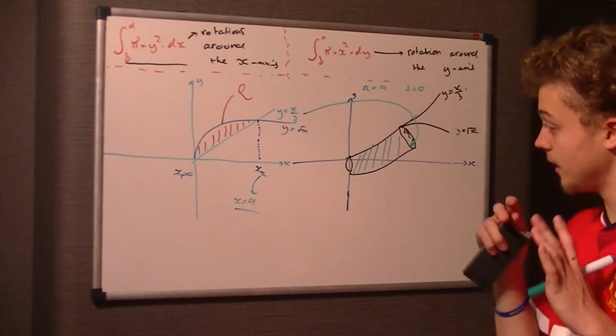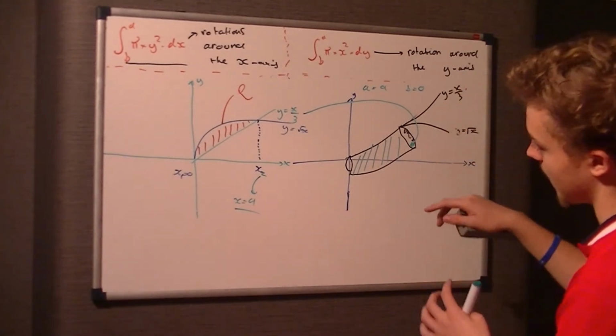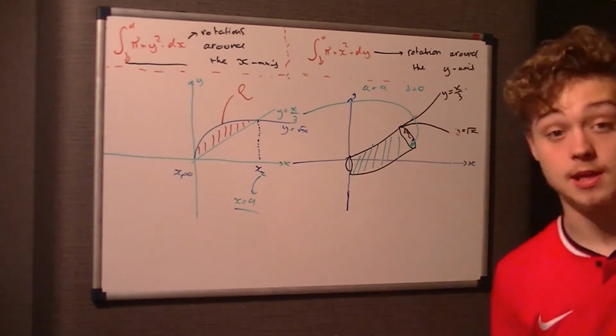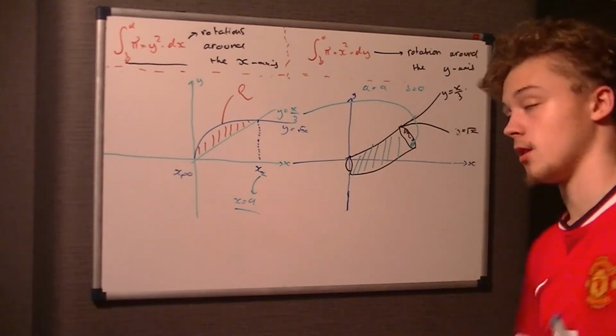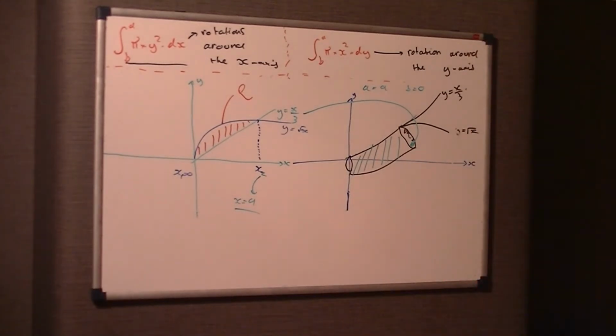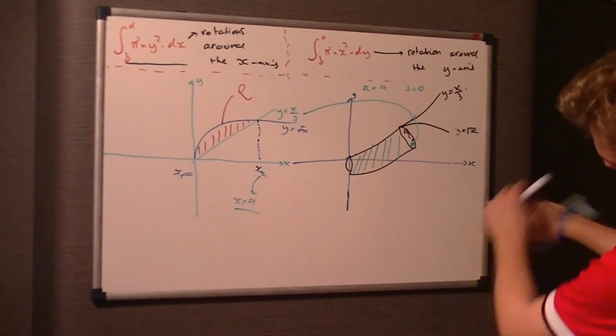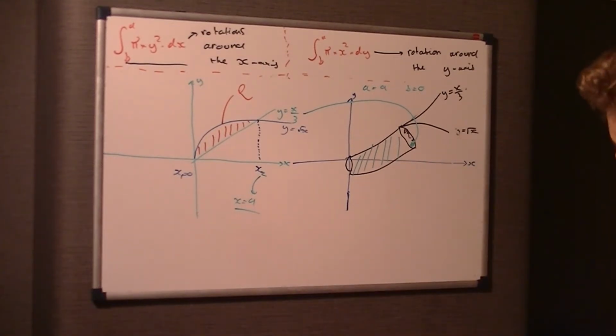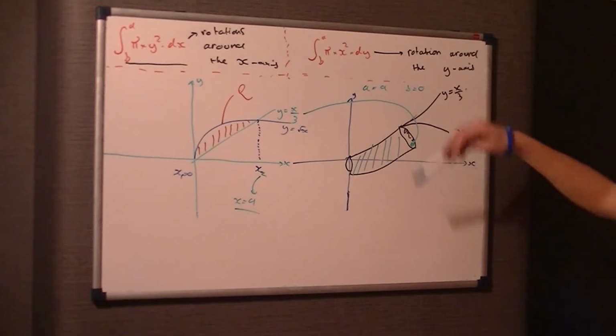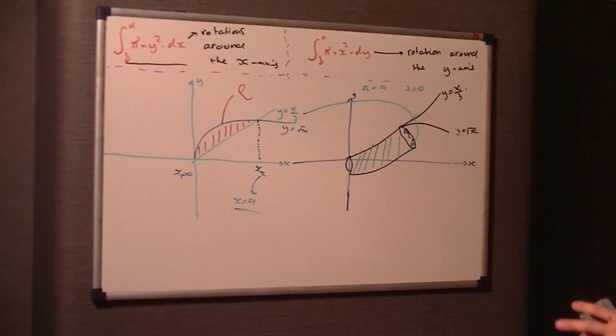So the integral of y equals root x plus the integral of y equals x over 3 makes up this whole cylinder and fills the hole in there. So it's just an elongated sphere sort of. But obviously that's not what we want, because we want the area of the outside.